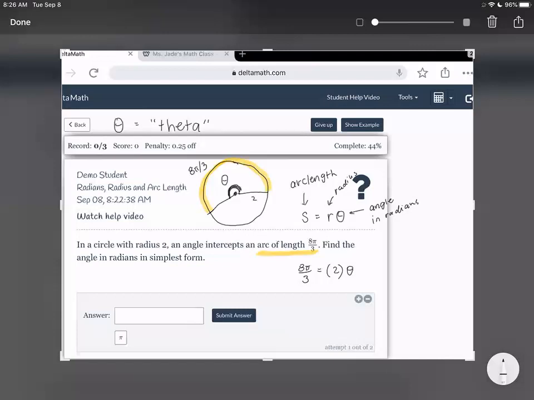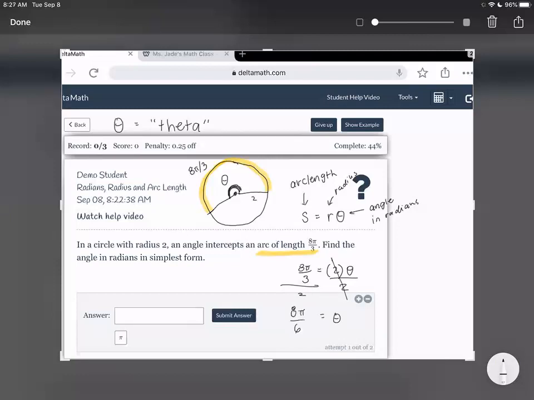So to solve for theta, theta is being multiplied by 2. So we need to get rid of that by dividing by 2 on both sides. Okay, so then the 2's cancel out. We get theta alone. And then 8 pi over 3 divided by 2. Since we're dividing by 3, then dividing by 2, it's really 8 pi over 6.